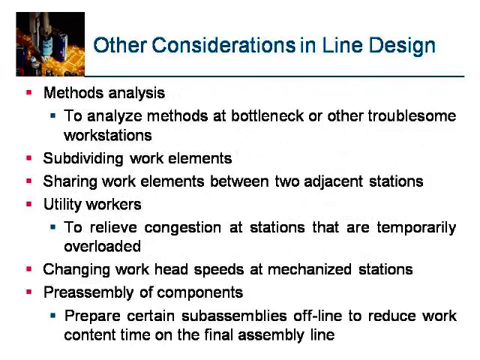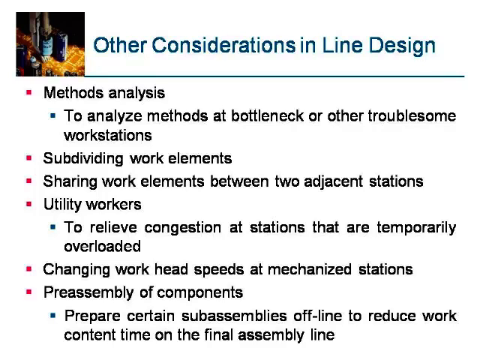Other considerations in a line design. Methods analysis: to analyze the methods at bottleneck and other troublesome workstations. Subdividing work elements. Sharing of work elements between two adjacent stations. Utility workers.